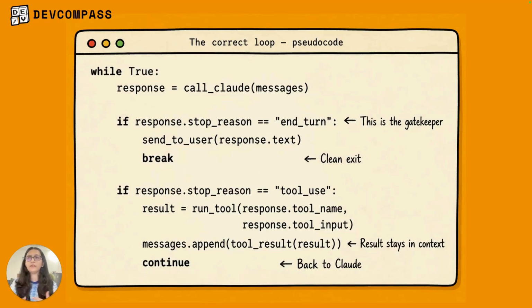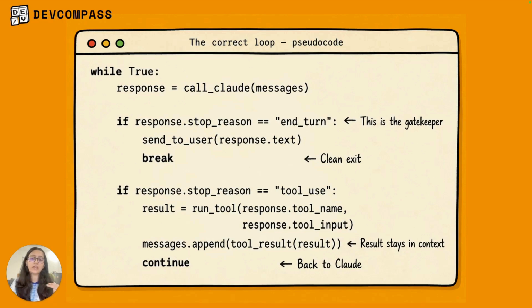Now, let me show you how the code looks, the correct loop pattern in a pseudocode format. So it's not any specific programming language, because the pattern is very identical no matter whether you're writing Python, JavaScript, TypeScript, or anything else. So if you look at the code on screen, a while true loop, it runs until something breaks it.